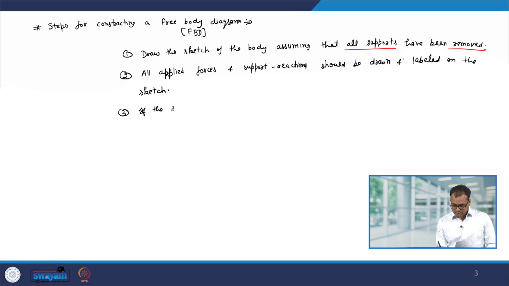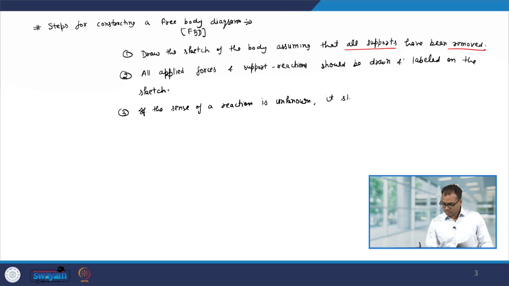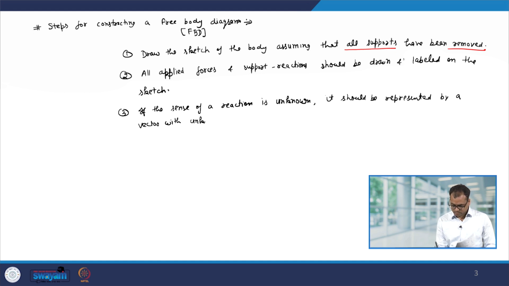So, if the sense of a reaction force is unknown, then it should be represented by a vector with unknown direction.